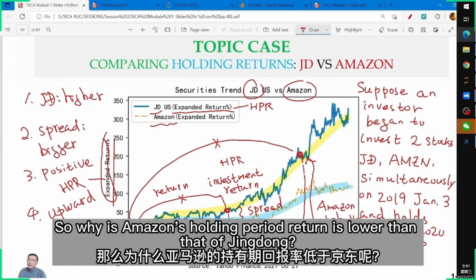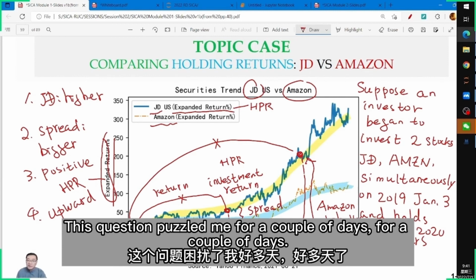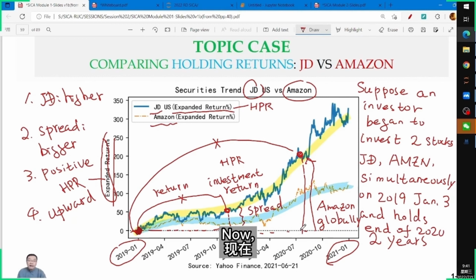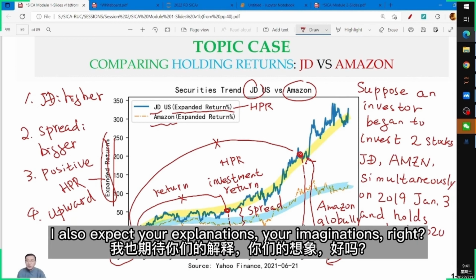So why is Amazon's holding period return lower than that of Jingdong? This question puzzled me for a couple of days. Now, I also expect your explanations, your imaginations, right?